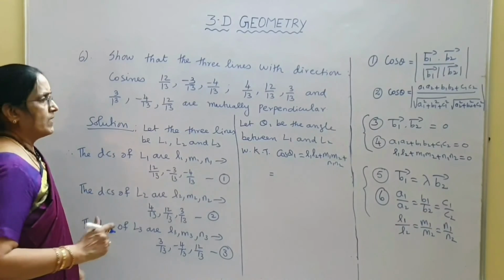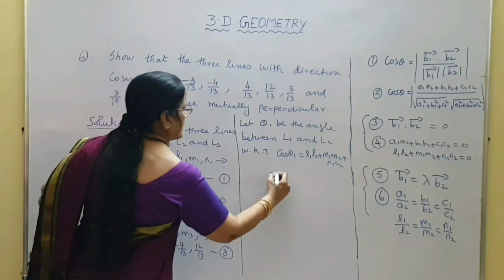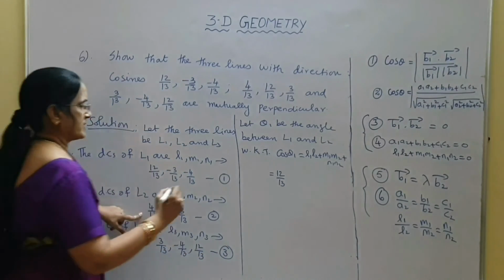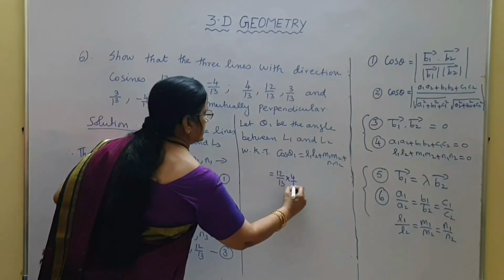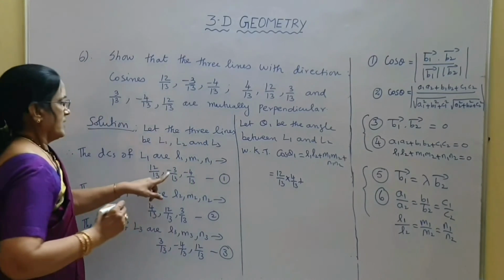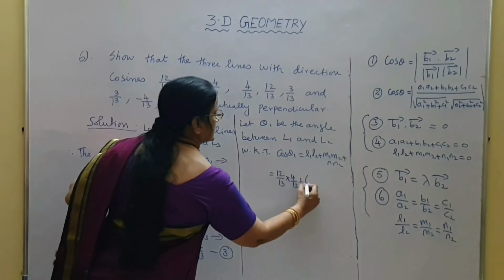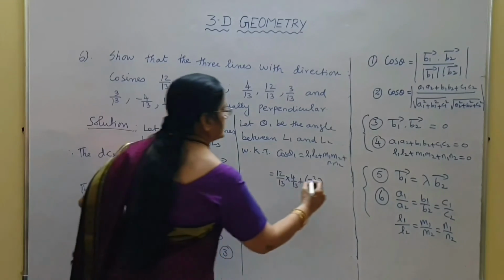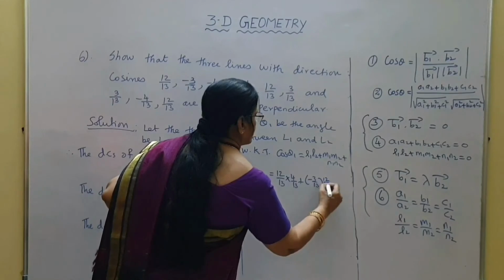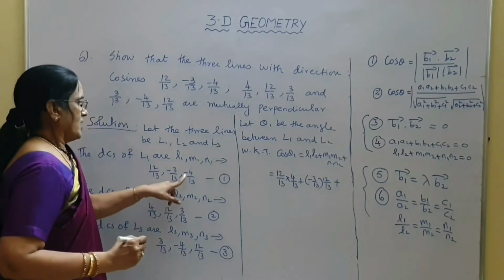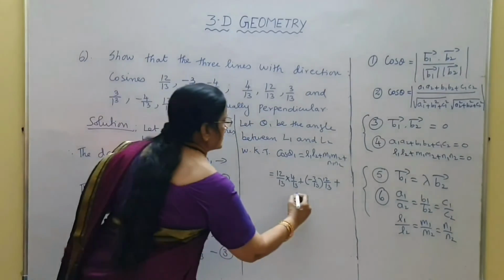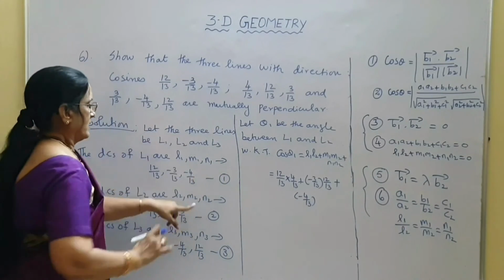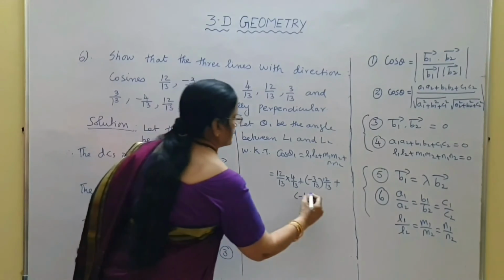What will we be getting? 12 by 13 into 4 by 13 plus minus 3 by 13 into 12 by 13 plus minus 4 by 13, because that is N1, N2 is 3 by 13.